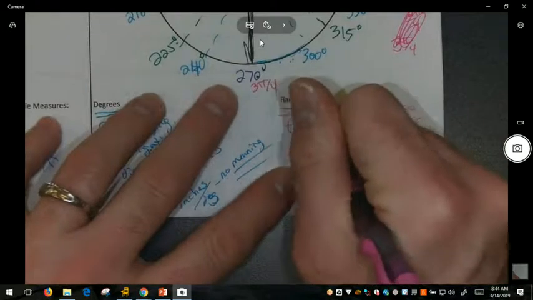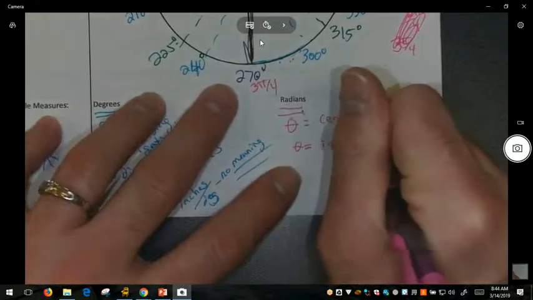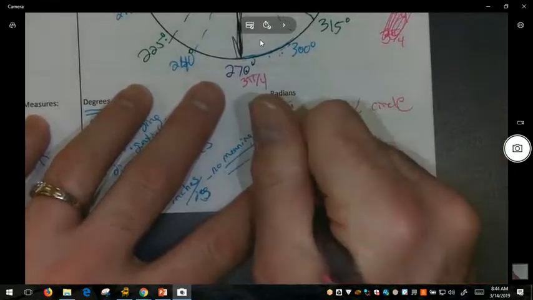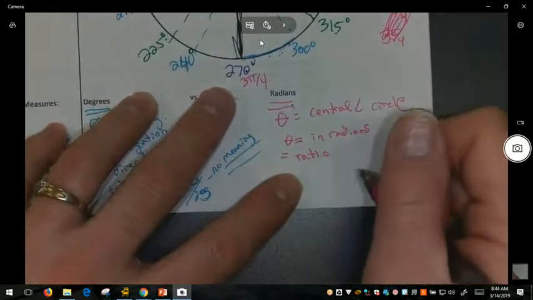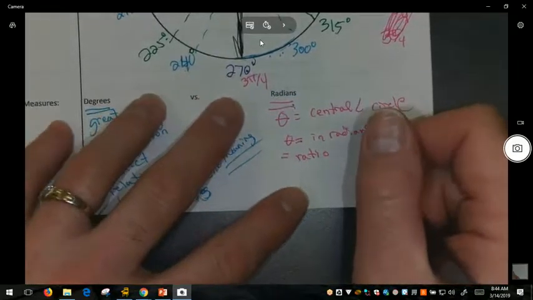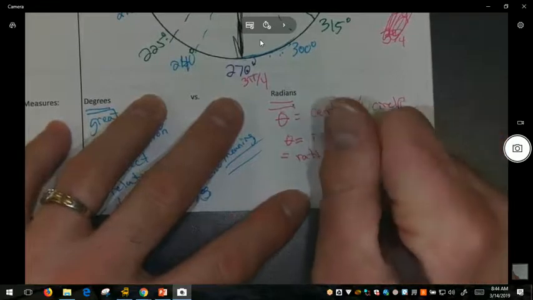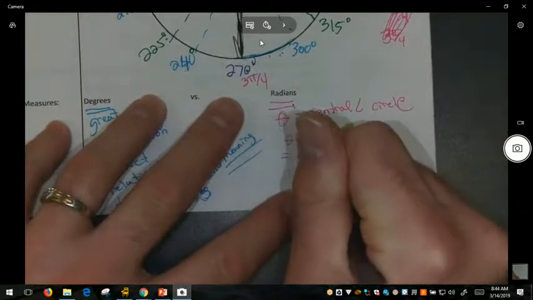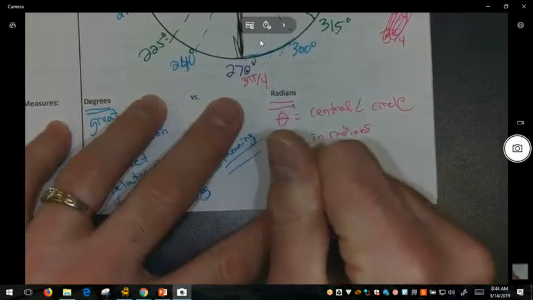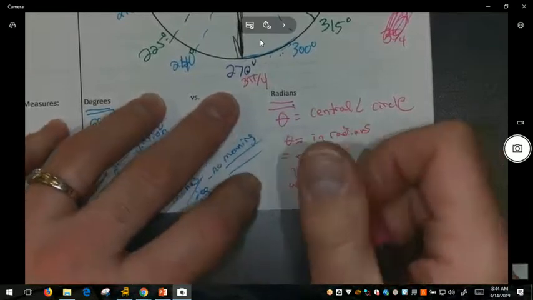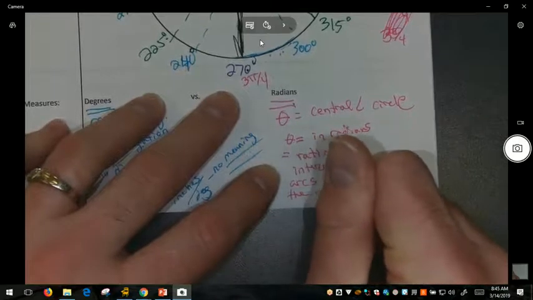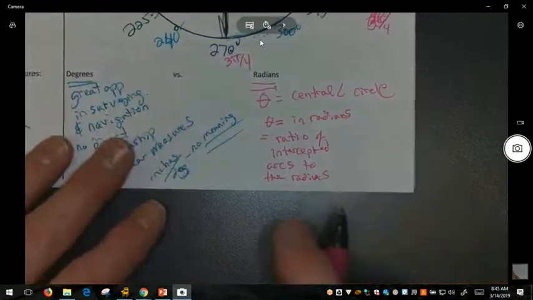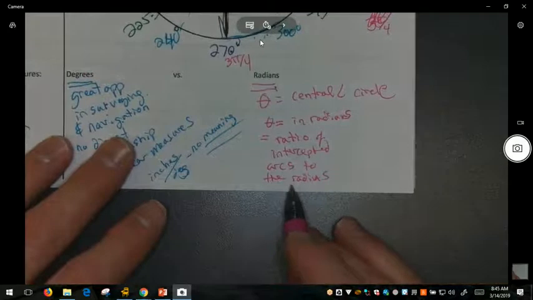So theta in radians equals the ratio of intercepted arcs to the radius.